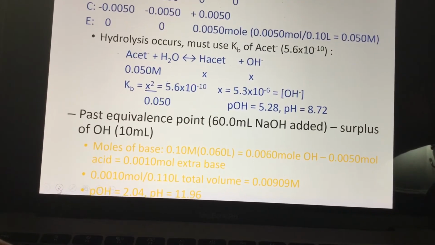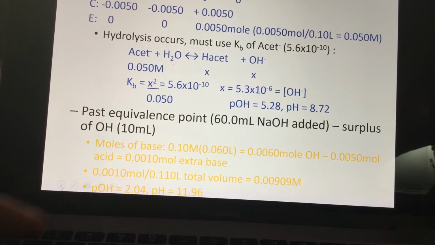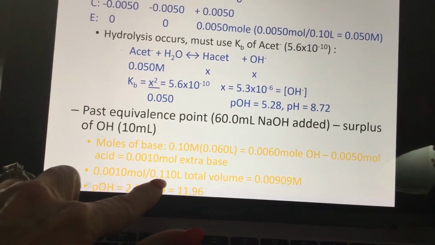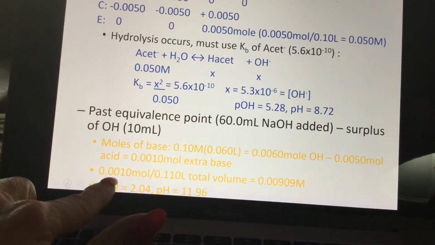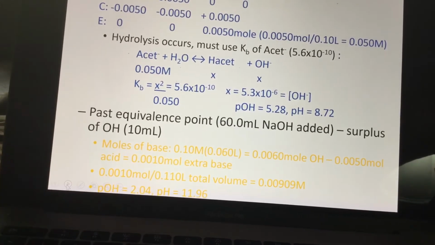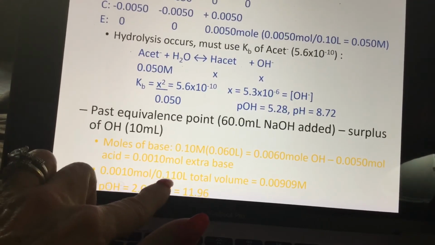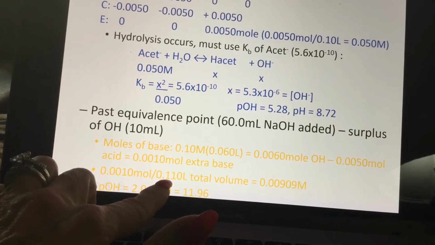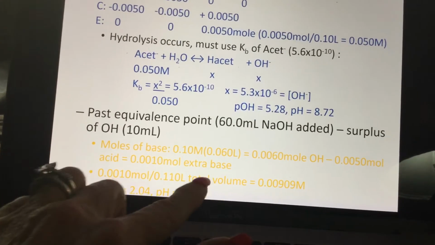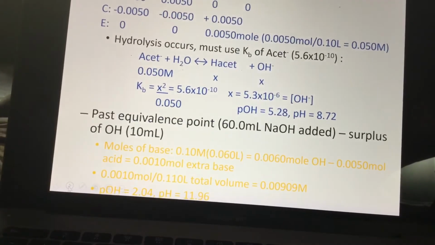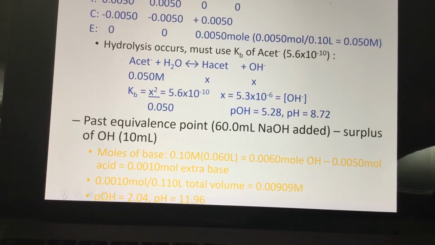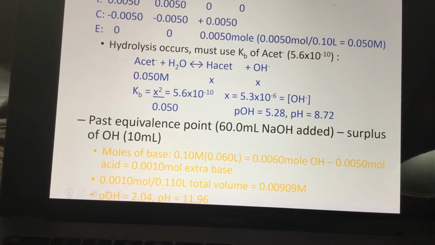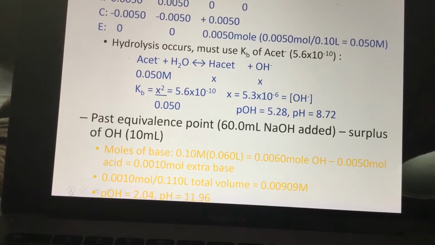And then converting that back to concentration, our total volume is 110 milliliters now. So we take that 0.001 moles of extra base that has nothing to react with and divide it by the total volume of 0.110, and that gives us a concentration of the additional base added of 0.00909, or we could have rounded up to 0.0091 molar.